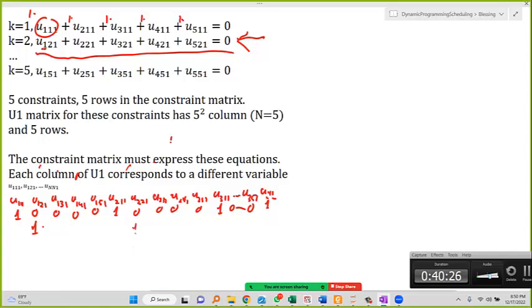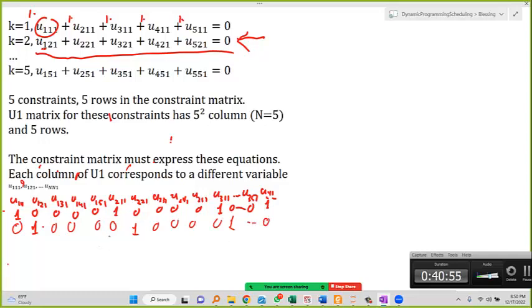It's right here. It's this one here, and then there's one here. And all the others are zeros. So the U5, 2, 1 is going to be down. That's 1, 2, 3, 4. The fifth column.